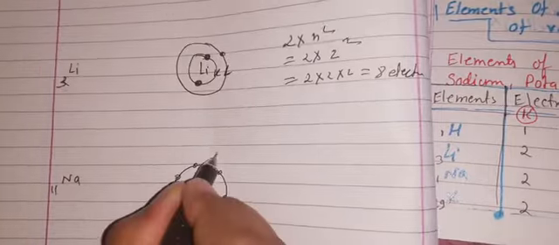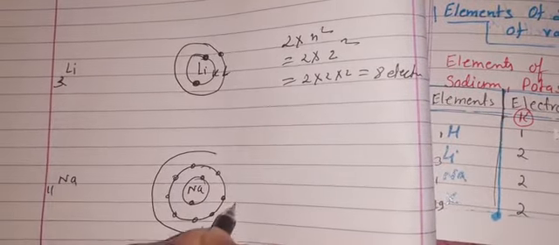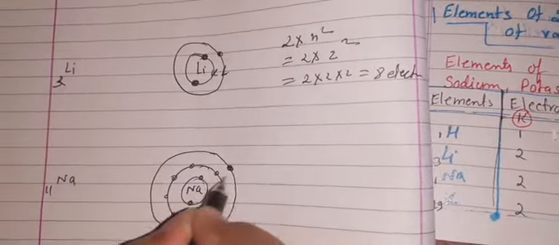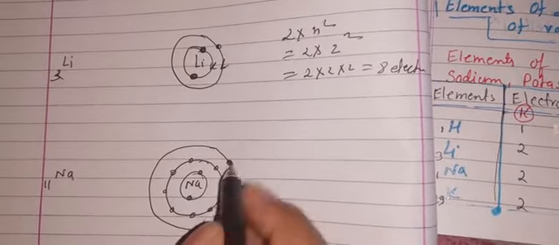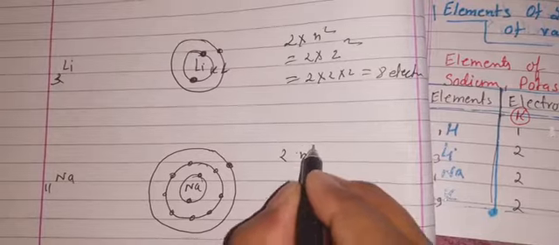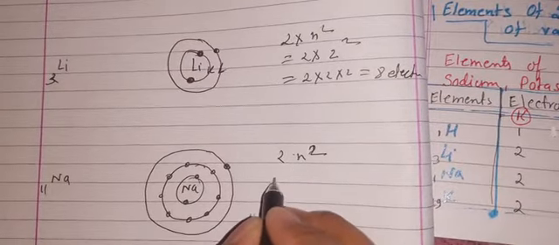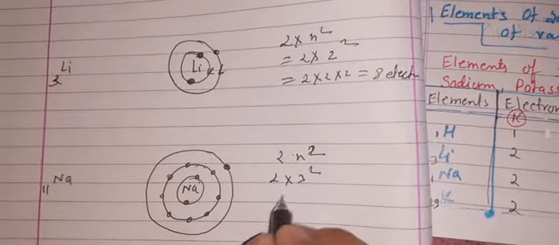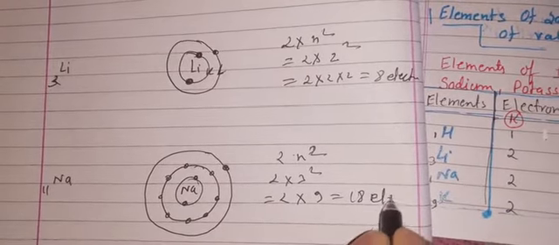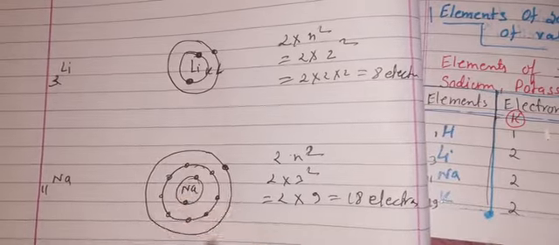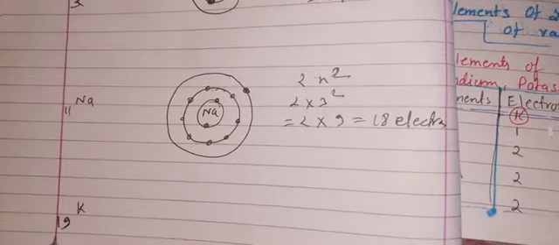That is 11 electrons. So 1 will be here in the third shell. Again you will see in the outermost orbit the valence electron is 1. We also have to see the limit for the third shell. Again we write 2 into 3 square, that is 2 into 9, which is 18. It means 18 electrons can revolve in this orbit. That is the highest limit.